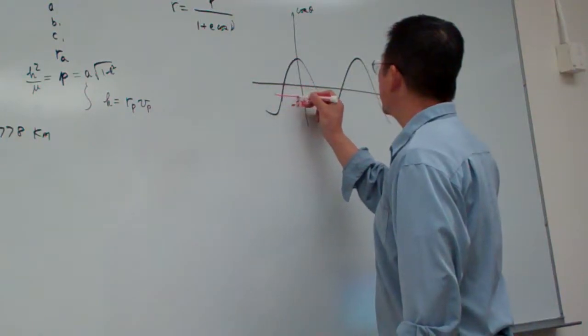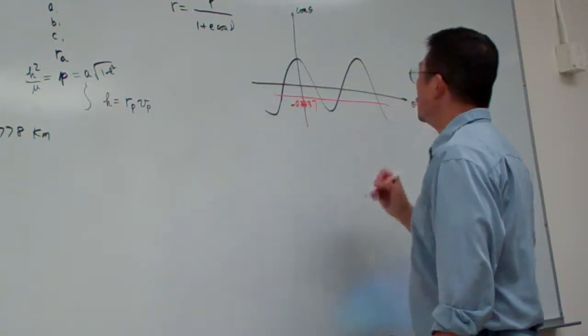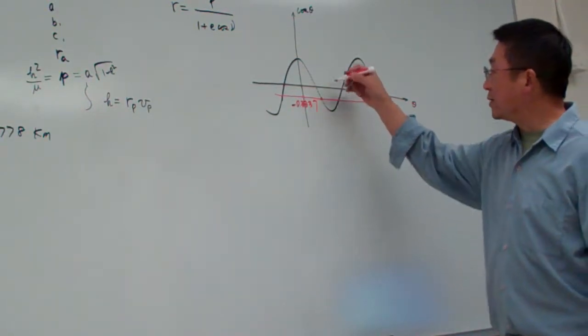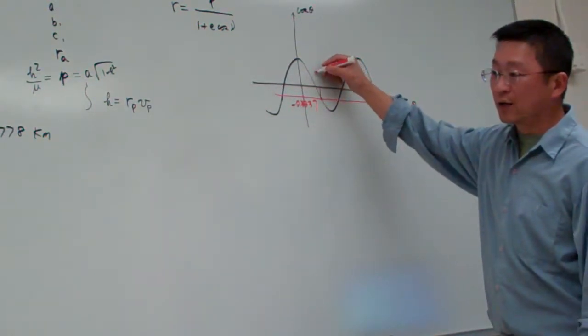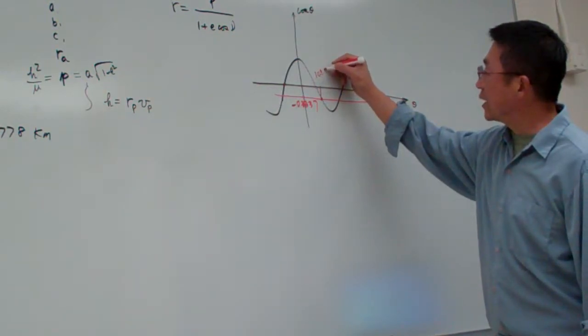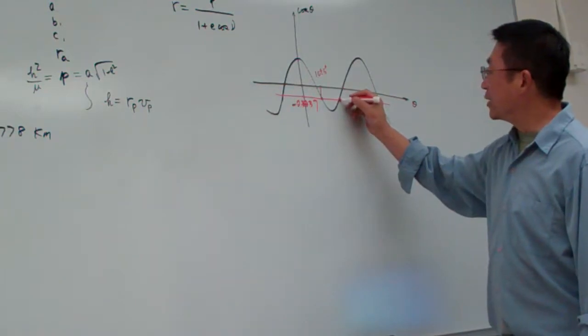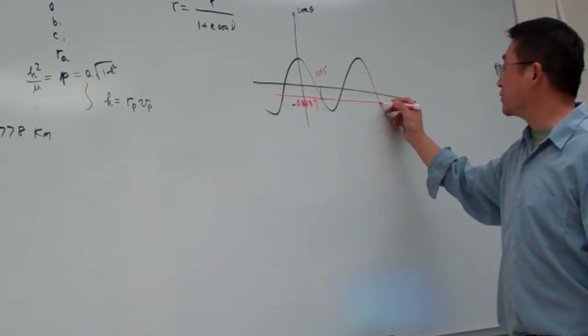So here you see we make the intersections. We're looking for these numbers, and that corresponds to 109.5 degrees. But also this will be another solution.